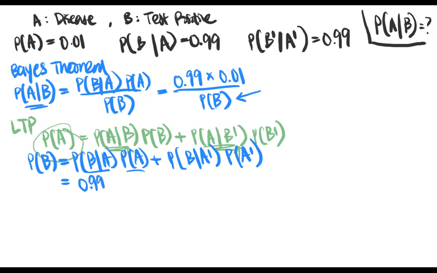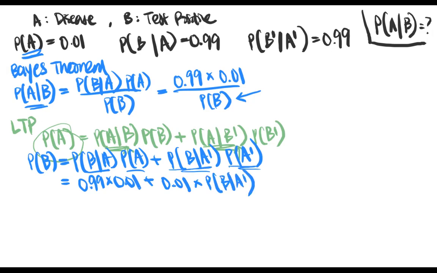So 0.99 times 0.01 plus, we don't have this yet, but I want to talk about this in a little bit. We know that A complement is 0.99 because A complement is just 1 minus probability of A. So it's going to be 0.01 multiplied by something else times probability of B given A complement.